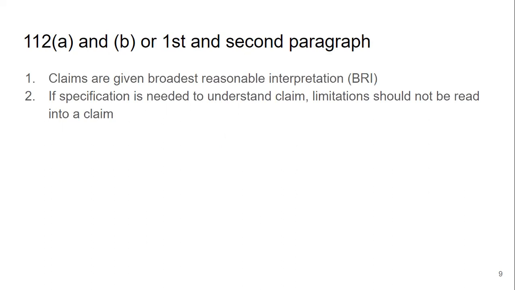If you have a term within your claim that you need to understand, you can go to the specification. But with some exceptions, like means-plus-function claims, if the specification defines a claim in a more specific way than is currently defined, then you can't add that into the claim. It has to be already existing.